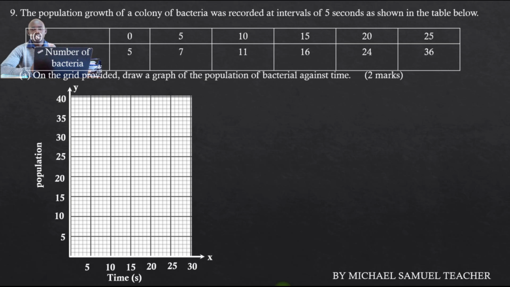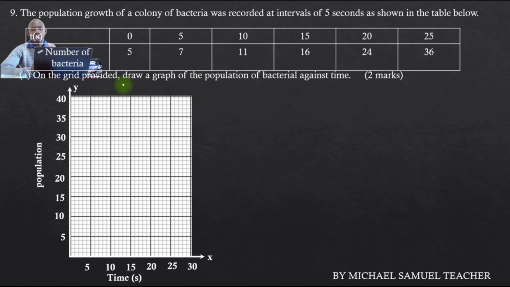Question 9 is actually a question on the graphical method. It tests the rate of change, plotting of points given a table, and also determining the gradient.